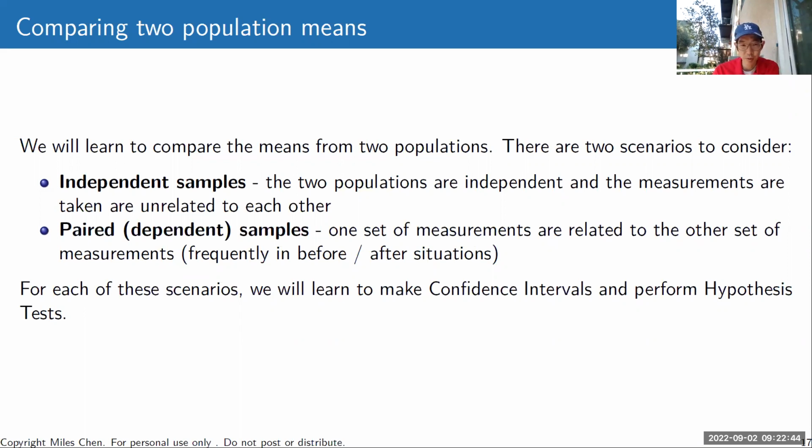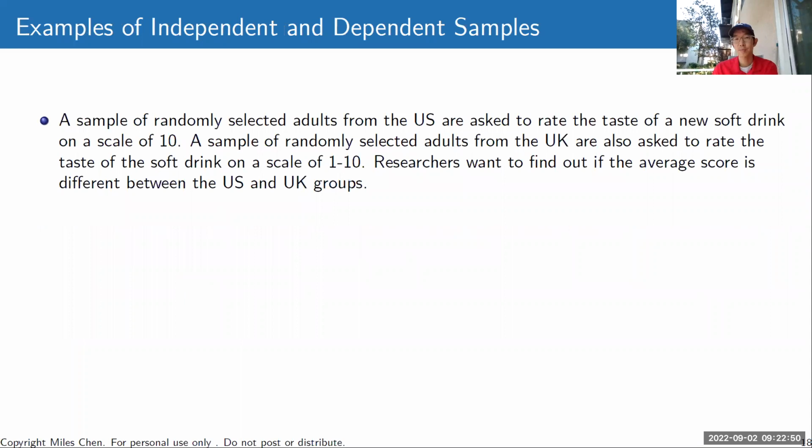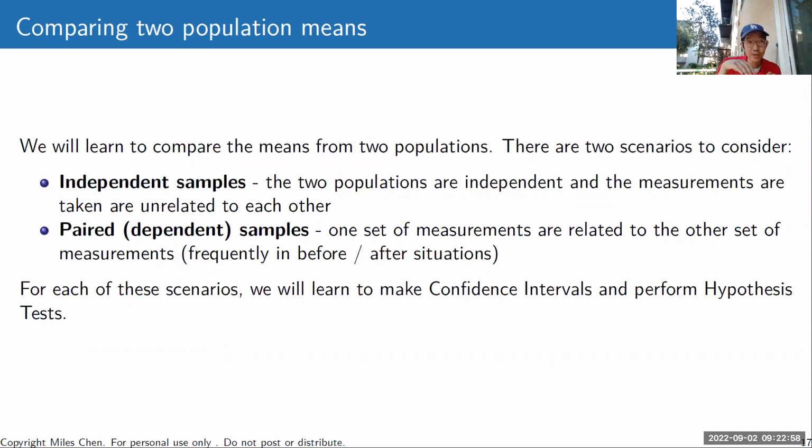So we'll go over a couple examples and we'll talk about this. So here's an example. And I want you to ask, are these 2 separate populations? Or is this really just one set of measurements, where every value is paired with another measurement as far as the paired samples go?